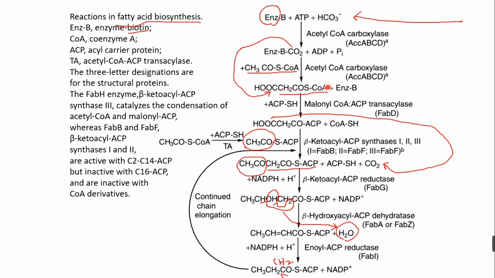This is the malonyl coenzyme A, and it reacts with ACP transacetylase. ACP means acyl carrier protein of the enzyme; the enzyme has an acyl carrier protein region. That region has the active functional group, the SH group. This SH group reacts with this component, the substrate, and after the reaction it forms malonyl-ACP.